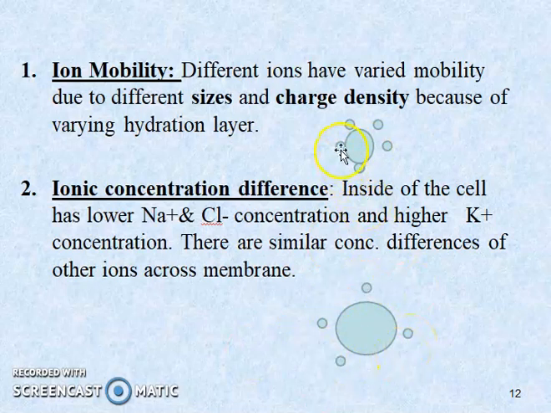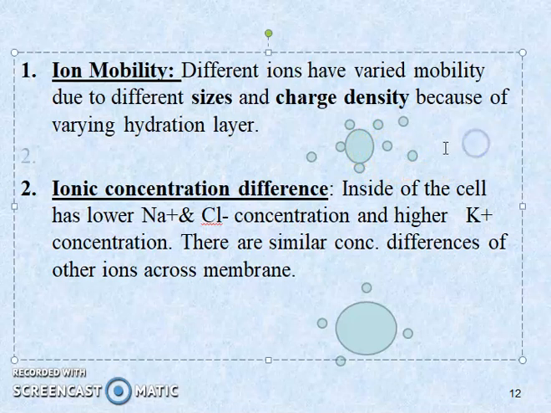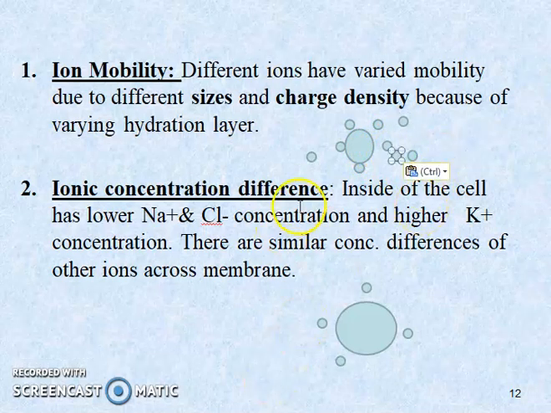So what happens ultimately? It's like this: the more the charge density, the more water molecules they attract, and ultimately the size of the ion, which we call the hydrated ion size. That is the ion size which is due to the hydration layer of the smaller ion, and it will actually be larger.